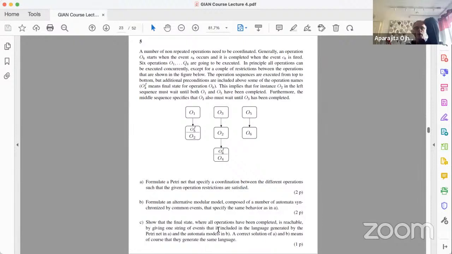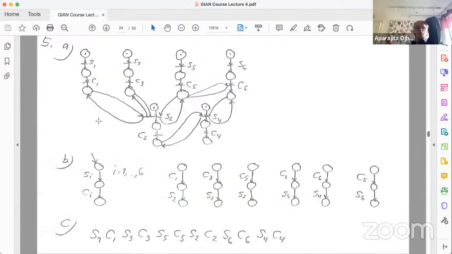And that is given by a specific event string, which you could say is also related to what you can execute, what you can get from the PetriNet as well as from the automaton. If you have a correct solution, you should then, of course, generate the same language. Let's look at the solution.